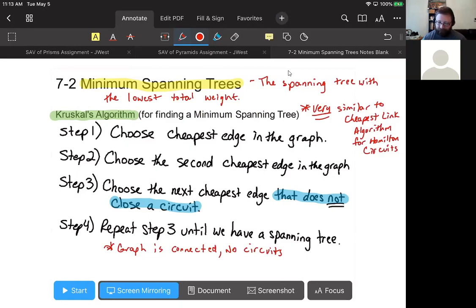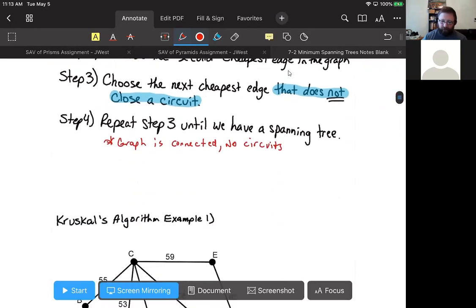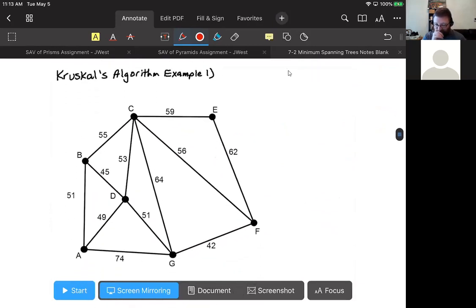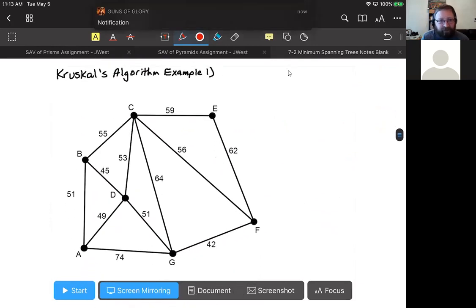So here we go. We'll start with this graph here, which, if you don't recognize it, is the graph that we looked at the beginning of this unit for the Amazonian rainforest telephone network. This is Kruskal's algorithm that I ran to come up with the answer, okay?